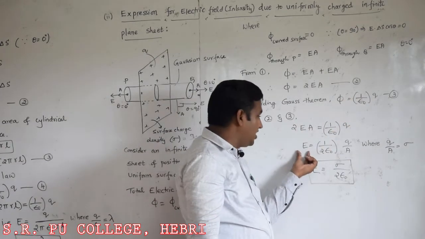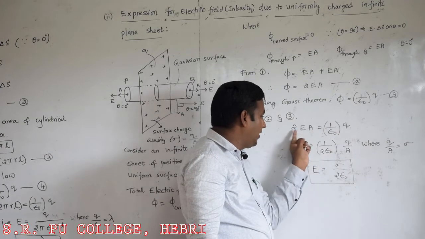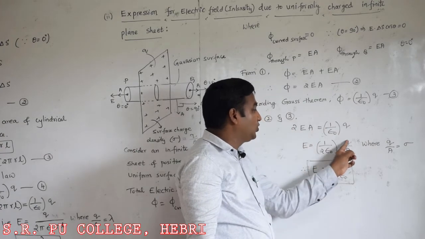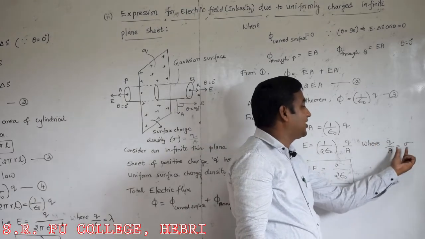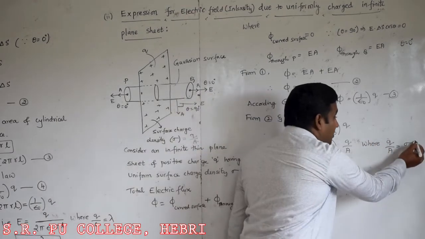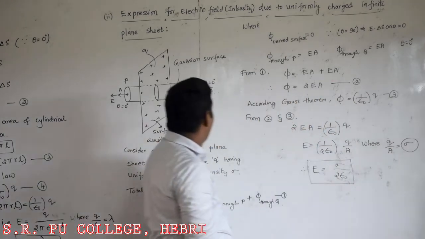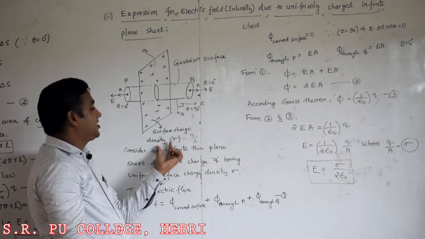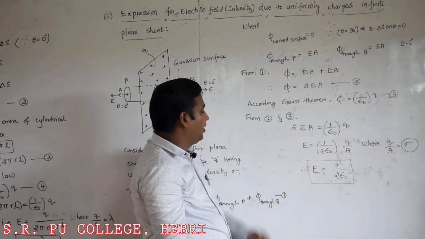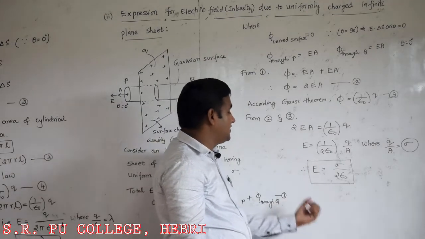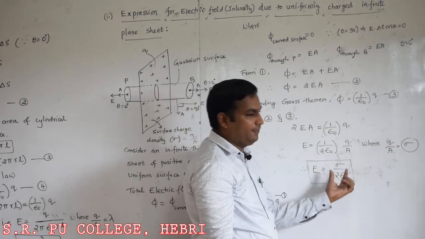That becomes E equal to 1 divided by 2 epsilon naught times Q divided by A, where Q divided by A is sigma, called the surface charge density. At the end we got electric field E equal to sigma divided by 2 epsilon naught.